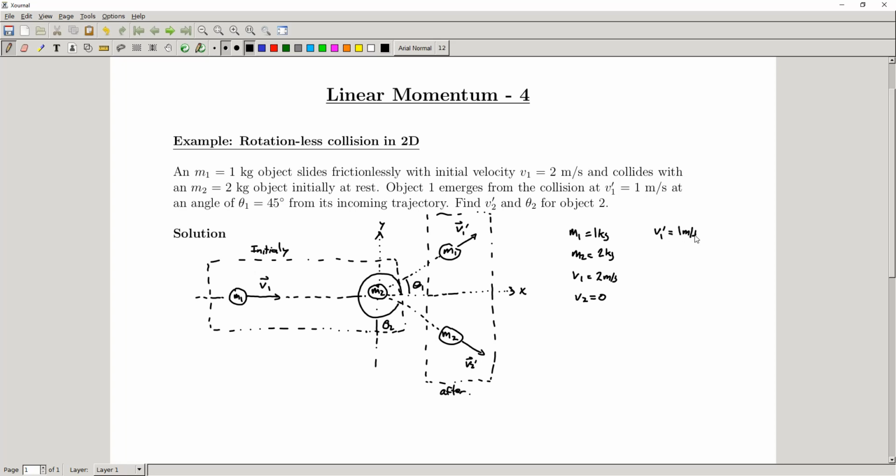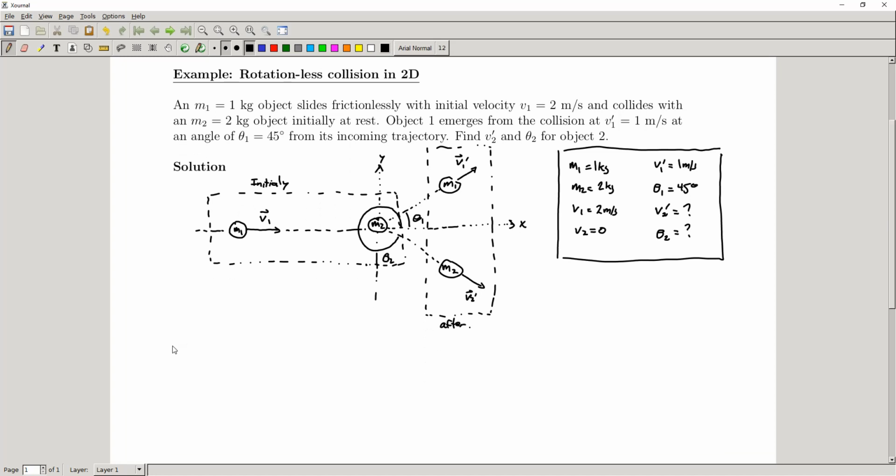That's 1 meter per second. And we're told that v1 prime points at theta 1, which is 45 degrees. What we don't know is v2 prime. We want to find that, and we want to find theta 2. Okay, we don't know that either. So let's keep this in mind. This is what we know and what we want to find. And let's get into the solving of the problem here. I'm just going to pause the video for one quick second, and I will be right back.